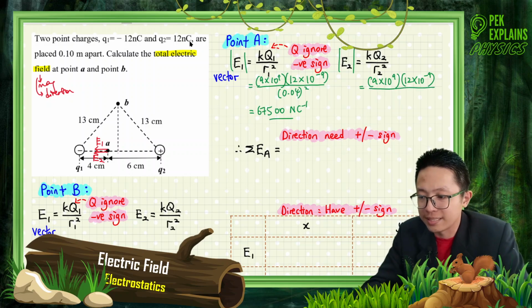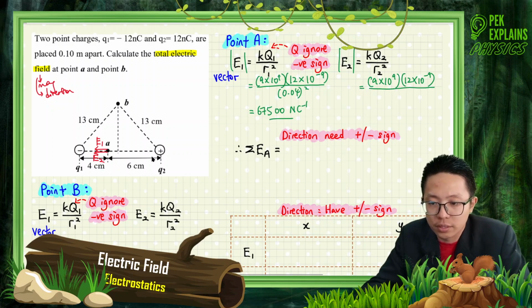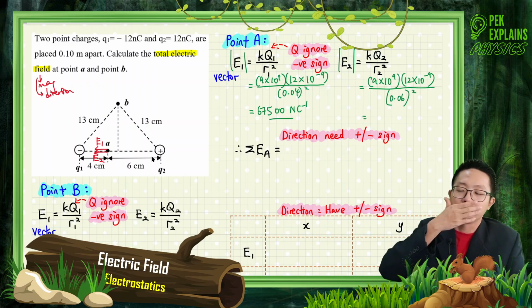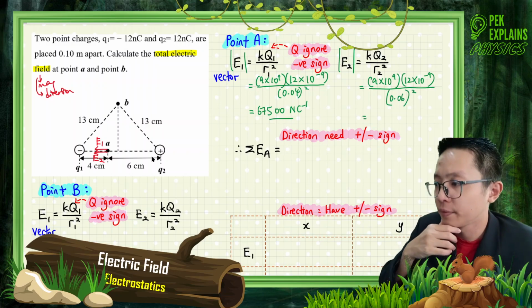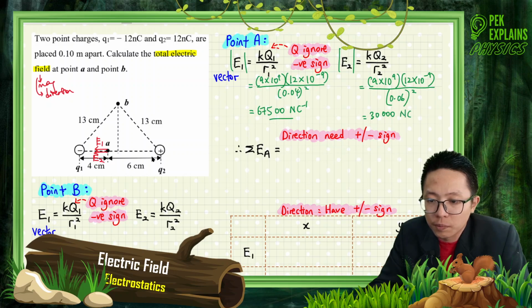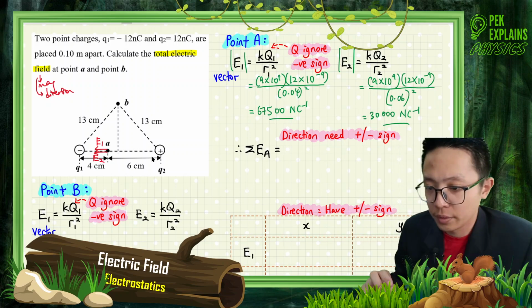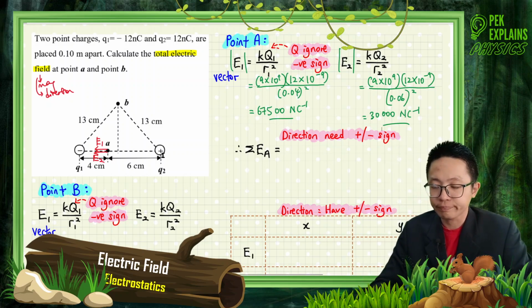The distance is 6 cm away from Q2, which is 0.06 squared. So it is 30,000 Newton per coulomb. That's the electric field due to Q2.